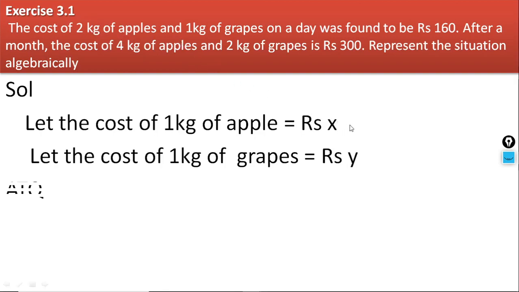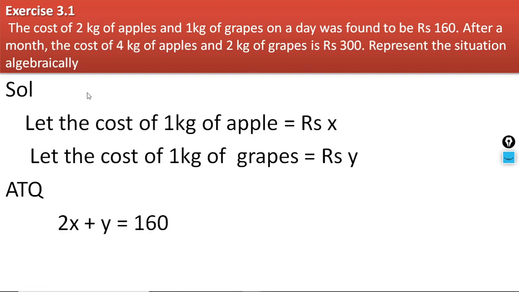According to the question, 1 kg of apple costs rupees x. So 2 kg of apple will cost 2x, and 1 kg of grapes will cost y, and their sum total is 160. So you understand here it is 2x plus y equals 160.